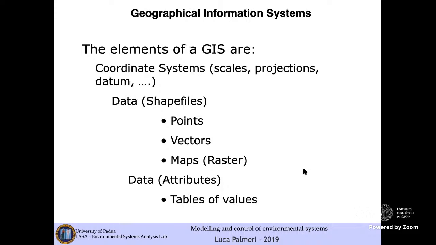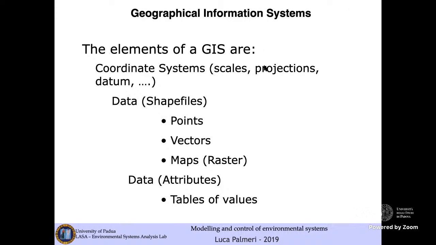So, for example, you may describe a portion of land by employing 1,000 cells, or you may increase the resolution tenfold and employ a raster map of 10,000 cells. So you understand that the dimension of a shapefile and the resolution as well depends on the quantity of information that you may include in the description of your portion of land.